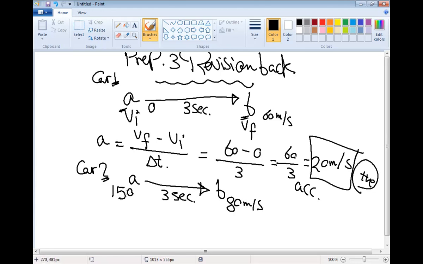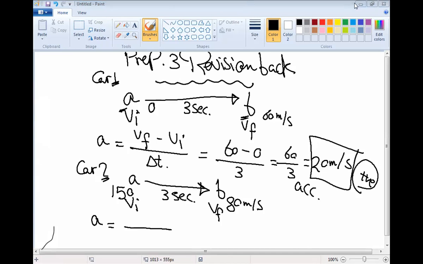This speed, V initial and V final, decrease or increase? The acceleration increases or decreases? Yusuf, can you tell me? Mahmoud? Yusuf Hani, please answer.